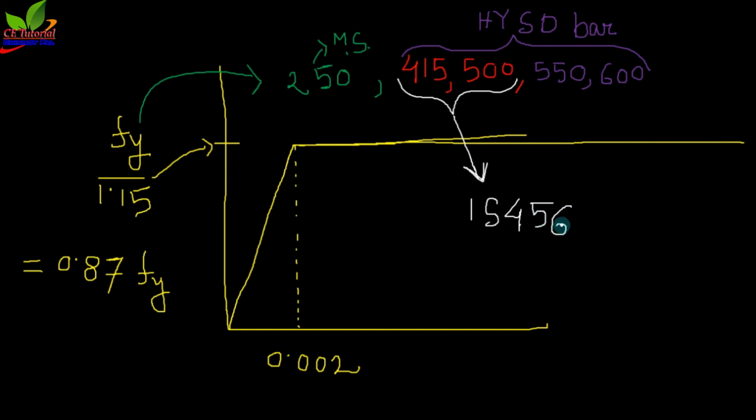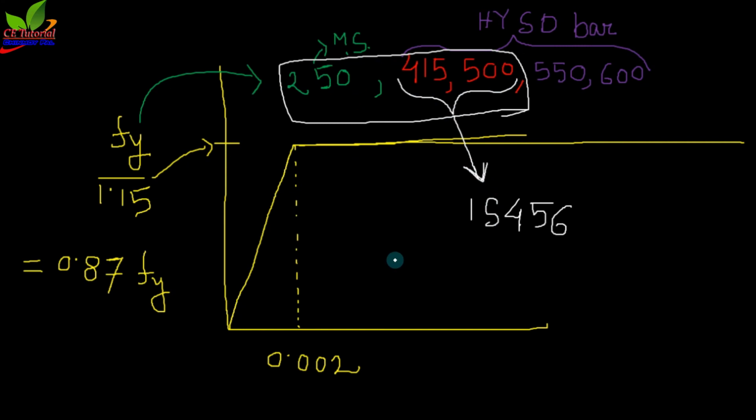According to IS 456 there are only two HYSD bars, 415 and 500, and you can use the mild steel 250. So according to IS 456 you can use only three types of reinforcement. One is mild steel bar 250, another is 415 HYSD bar and 500 HYSD bar.